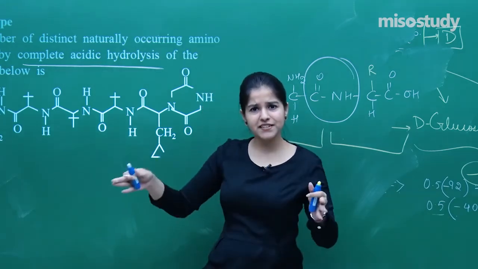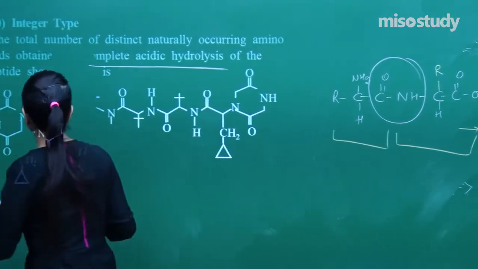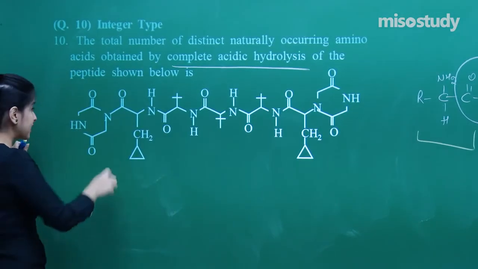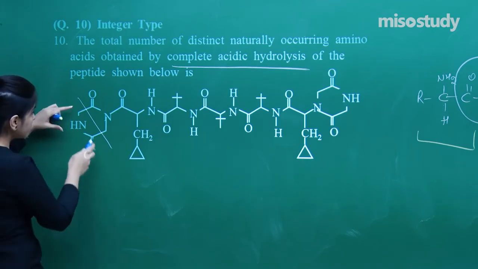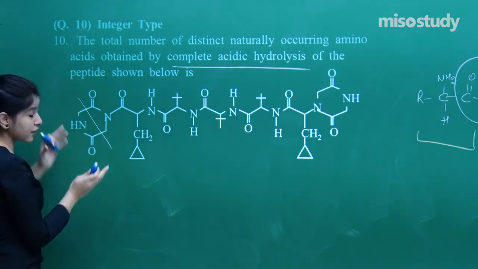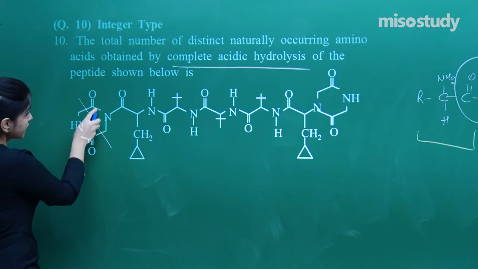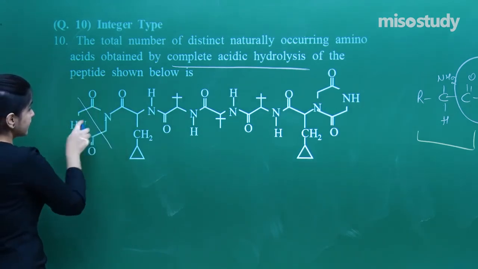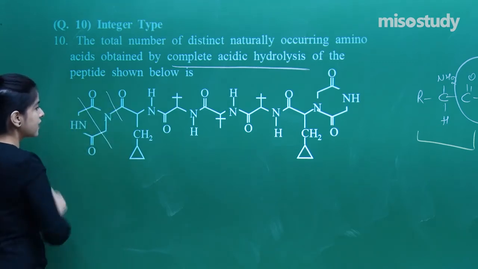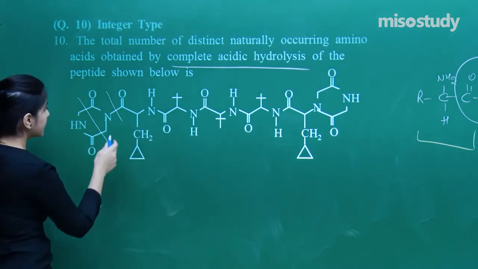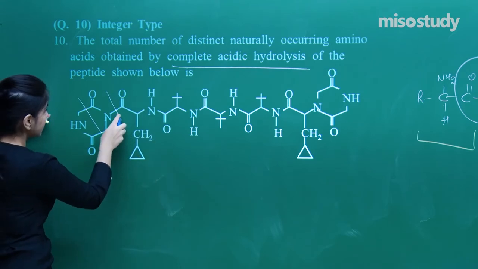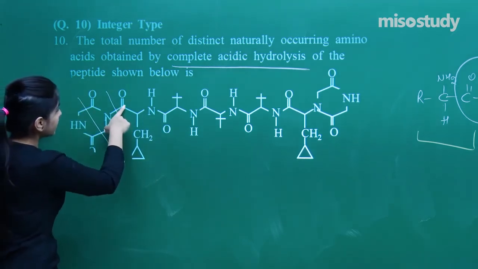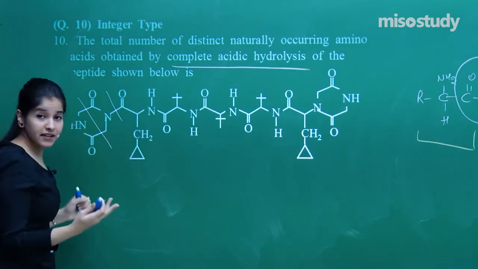So let us just break it down. It's a very simple question. If you see a peptide linkage, CONH, that is a peptide linkage, I'll break it down. That means these are the two amino acids that would have been attached. Now again CONH, so it is again one amino acid. I'm breaking it down. Again CONH, that is another one.